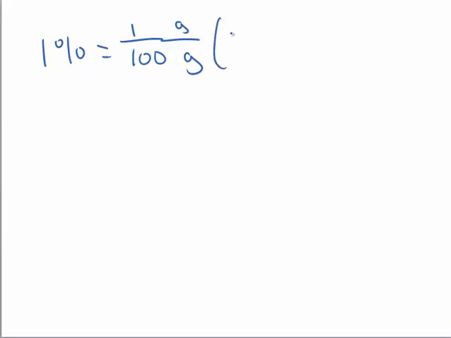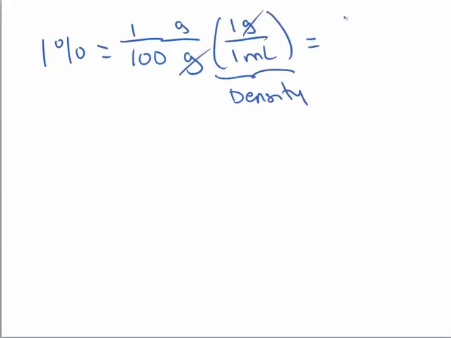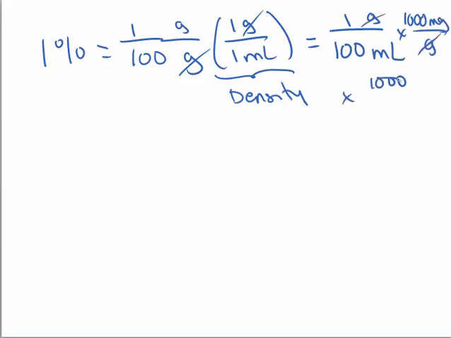I'm going to multiply this by the density of water, and this will get us to 1 gram per 100 milliliters. Or, in terms of milligram per liter, there are 1,000 milligrams per gram and 1,000 milliliters per liter. So this could be expressed as 1 times 10 to the 4 milligram per liter. So a 1% solution is a very large concentration in terms of milligram per liter.